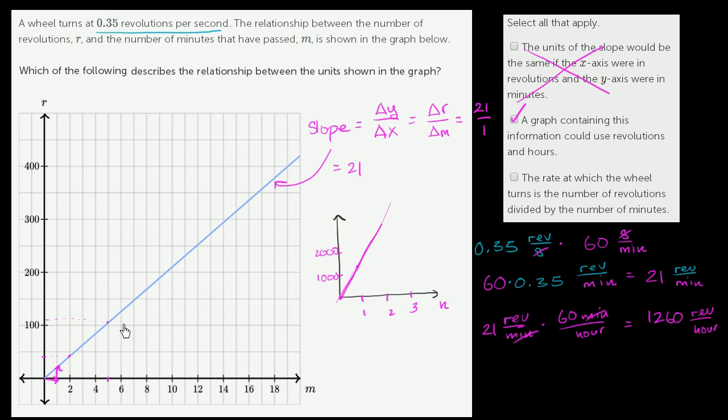What is my change in revolutions? So as I go from, say, this point to this point, how much have my revolutions changed, my change in R, for my given change in minutes? So change in revolutions divided by change in minutes. So this is definitely true as well.